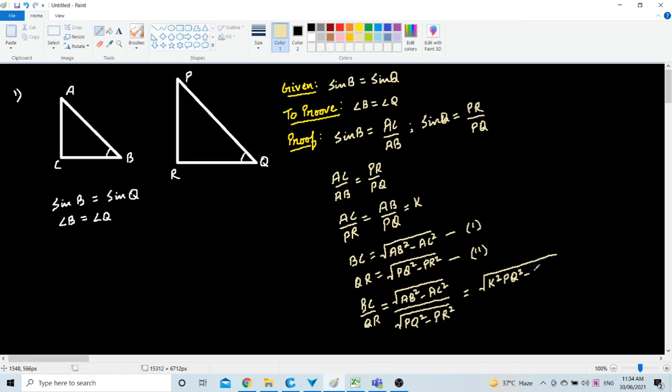So this will be K square PR square, whole upon under root PQ square minus PR square.